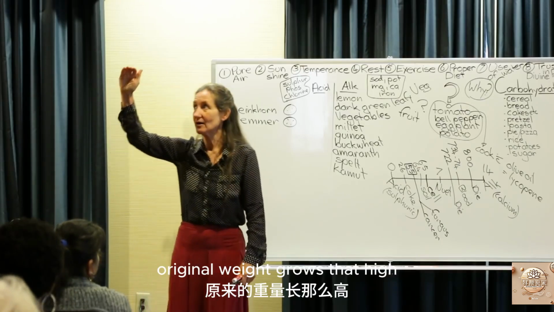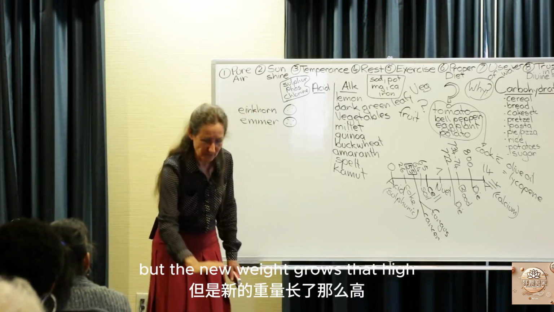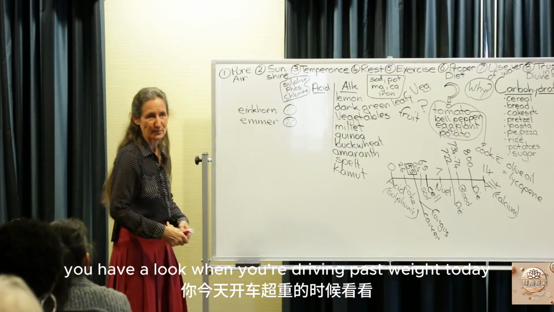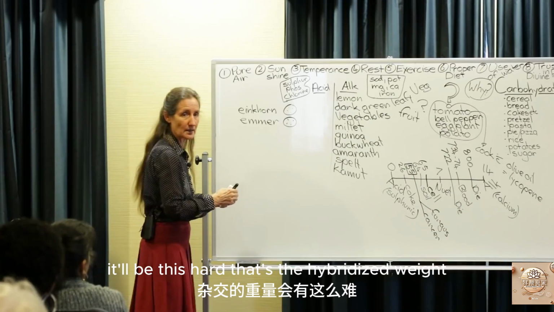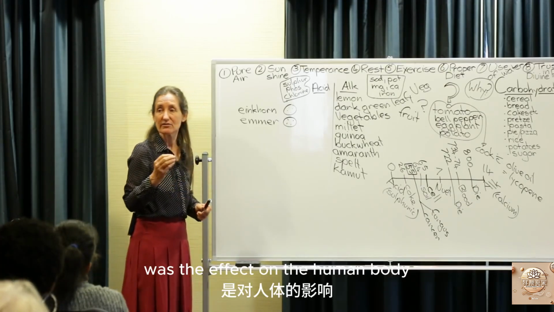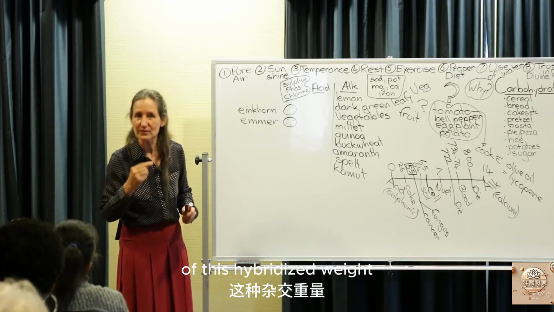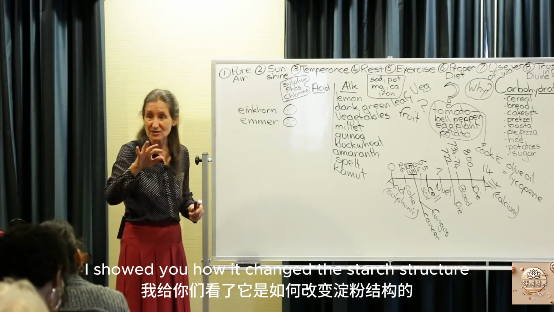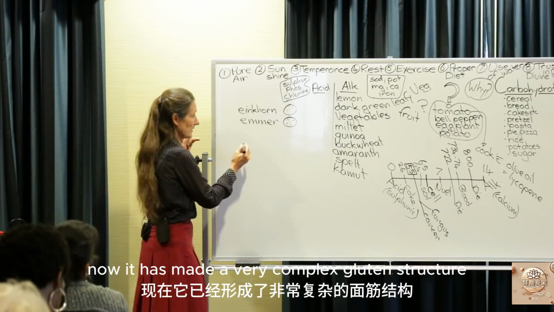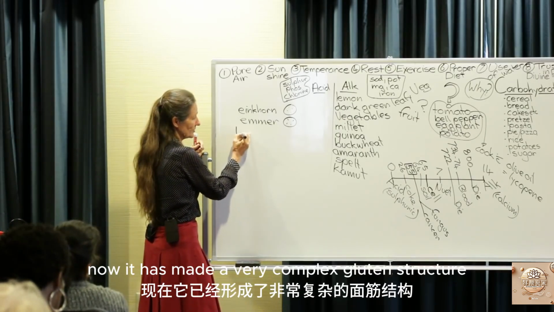Original wheat grows that high, but the new wheat grows that high. You have a look when you're driving past wheat today, it'll be this height. That's the hybridized wheat. Now what was never addressed was the effect on the human body of this hybridized wheat. Last night I showed you how it changed the starch structure. Now it has made a very complex gluten structure.